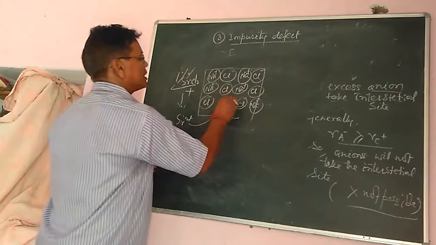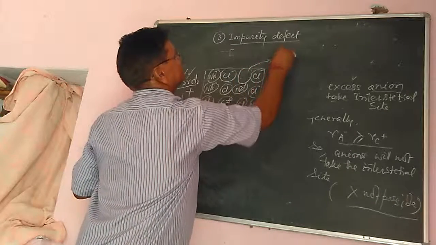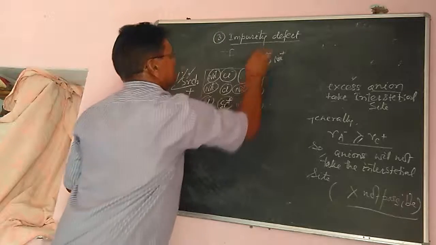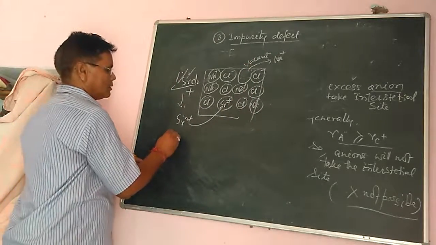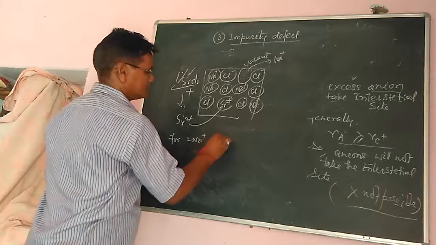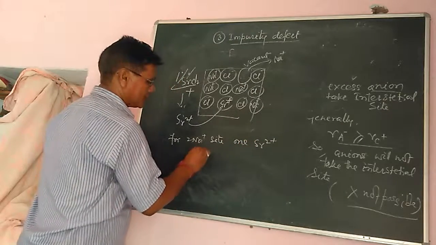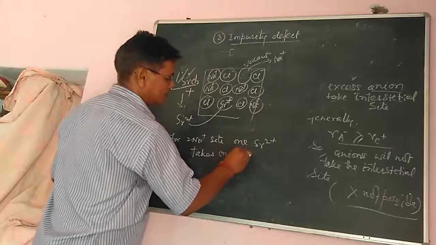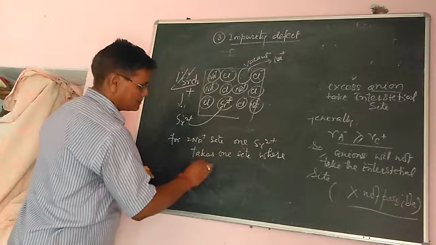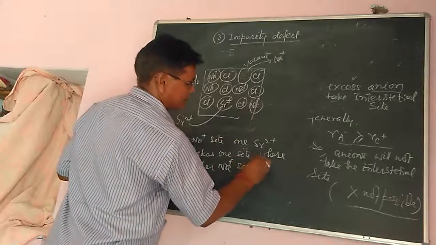So to maintain this charge, one other Na+ site is made vacant. So for 2 Na+ sites, one strontium 2+ takes one site, whereas the other Na+ site is made vacant.